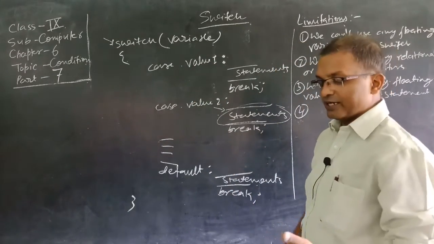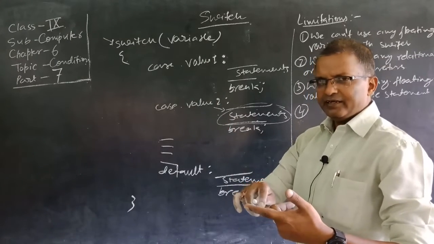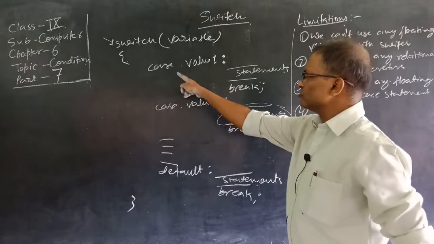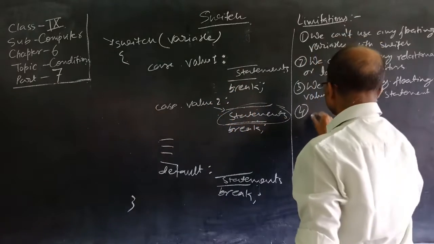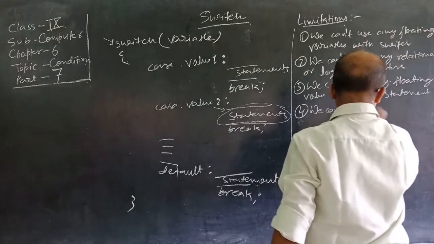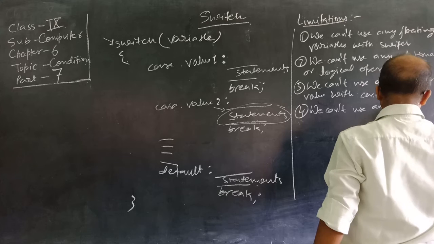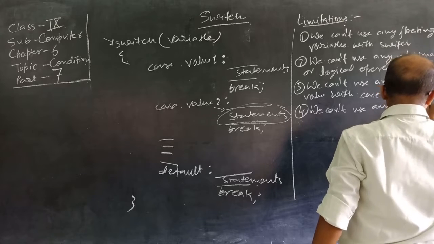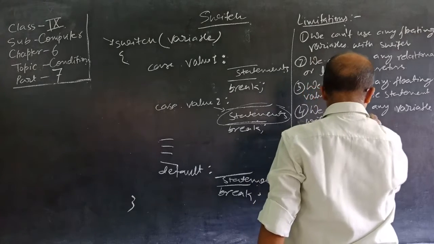Suppose someone tries, if you have to use case 1, someone tries to store 1 in an integer variable i, and here uses case i. This is not possible. We have to use only the value. We can't use any variable with a case statement.